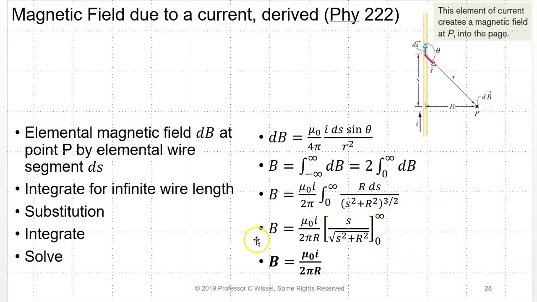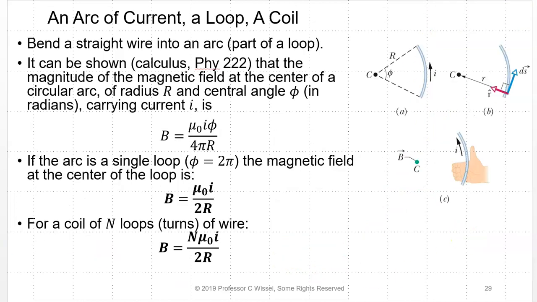When we do that, we end up with B equals mu naught I over 2 pi r times the quantity s over the square root of s squared plus r squared, evaluated between 0 and infinity. When we do that, we end up with B equals mu naught I over 2 pi r, where r is the distance of point P from the wire itself, mu naught is a constant, I is the current in the wire, and of course B is the magnetic field.